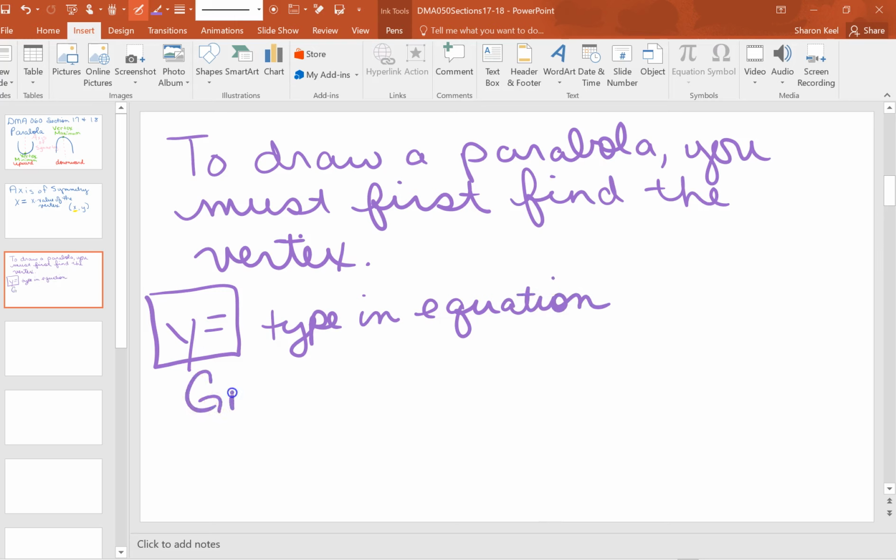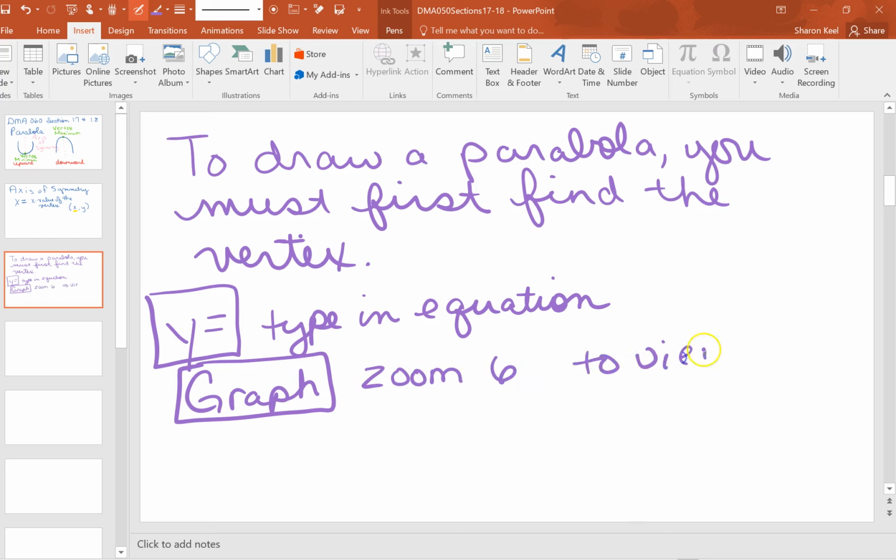You're then going to press the button graph, and after you do graph, you're going to start with zoom 6, which is your standard view, to view it. As you look at your parabola, you want to identify if the vertex is at the top or the bottom.